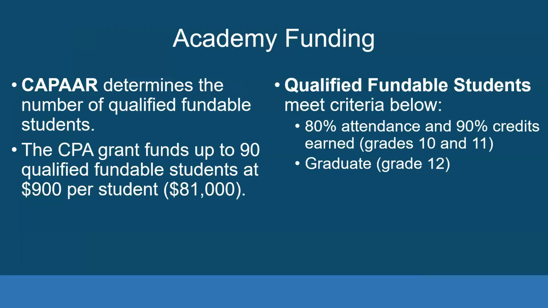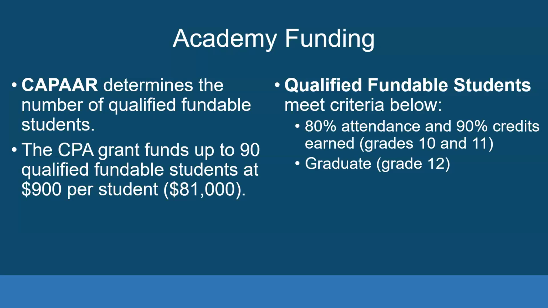I want to talk about academy funding and how we determine your funding. This is based off of qualified pupils, qualified students. A qualified pupil is a pupil who is enrolled in the Partnership Academy for the 10th, 11th, or 12th grade and obtains 90% of the credits each academic year in courses that are required for graduation, and also hits the 80% attendance minimum requirement.